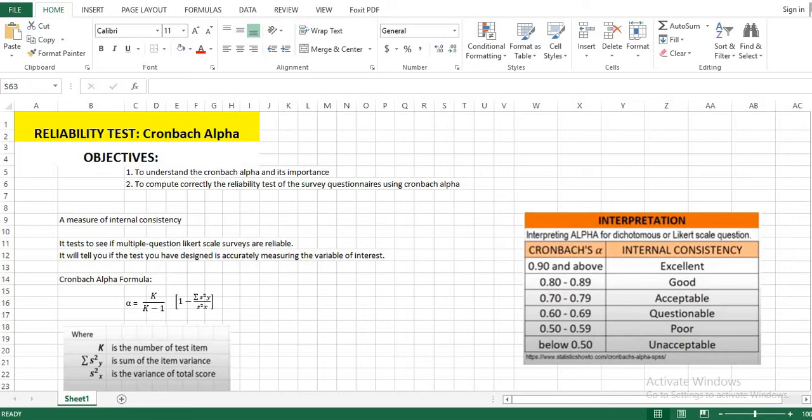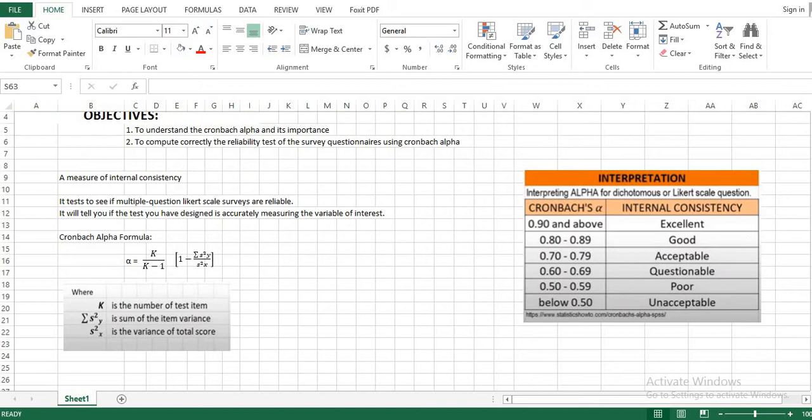Alright, so here we are going to have this table for interpreting alpha for dichotomous or Likert scale questions. We are going to use this once we are done with the computation.